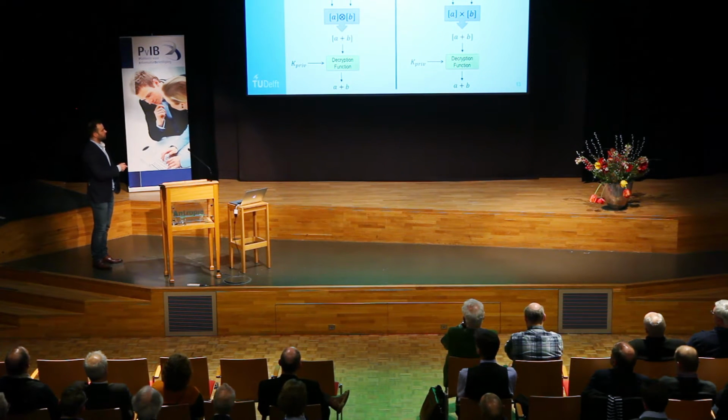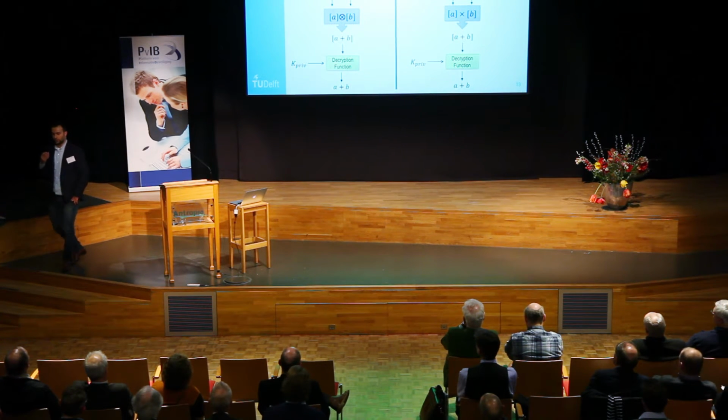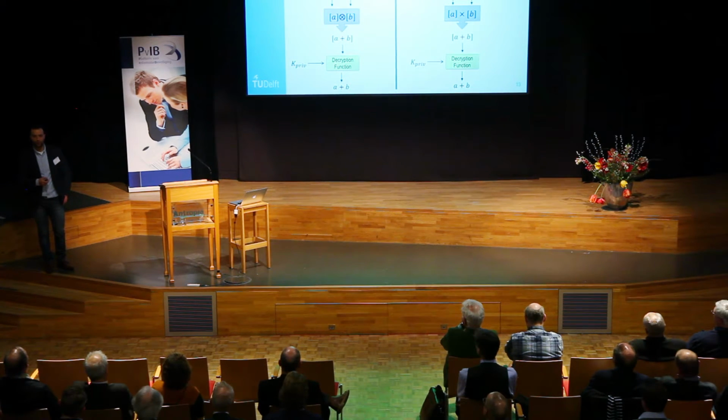So when you decrypt it, you will get A plus B. One operation on ciphertext corresponds to another operation in the plaintext domain. So this is the formal definition of homomorphism.